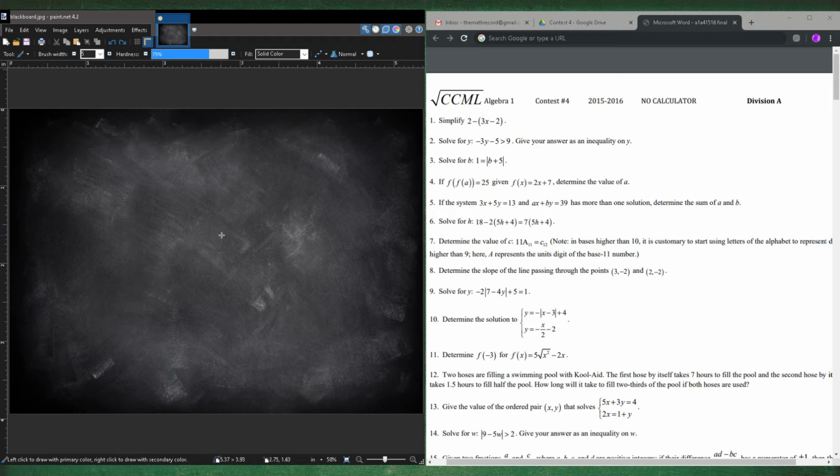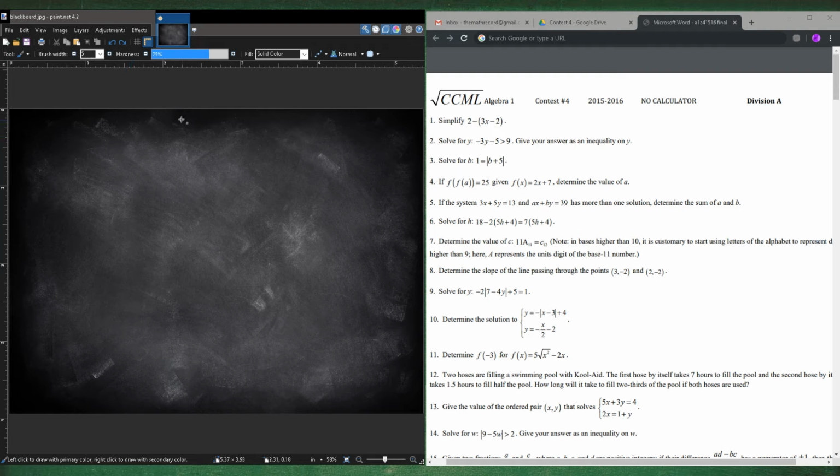So how to convert from any base to base 10: you multiply the base to the power of the placeholder, and then you add the results.